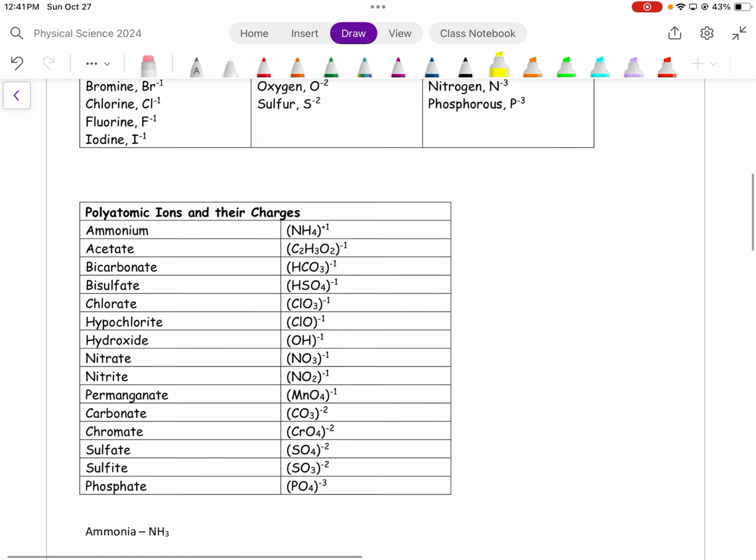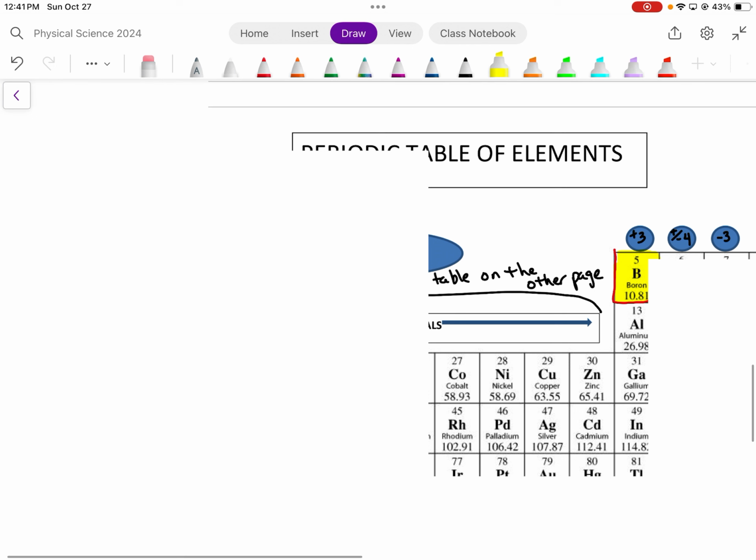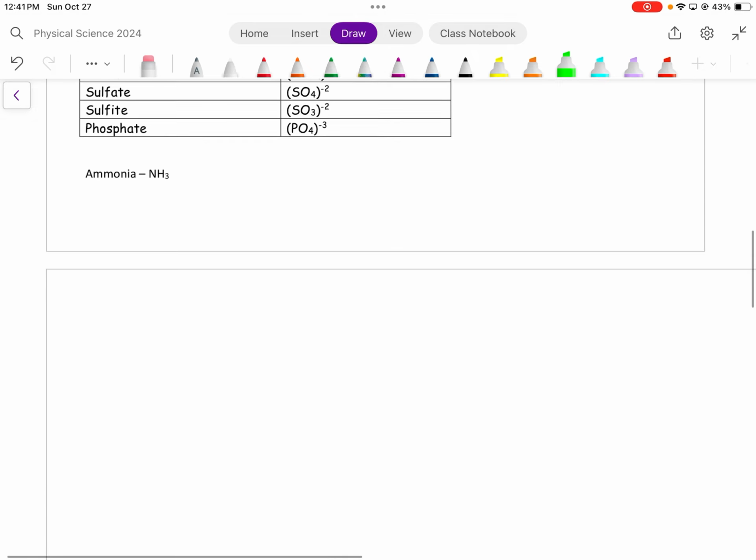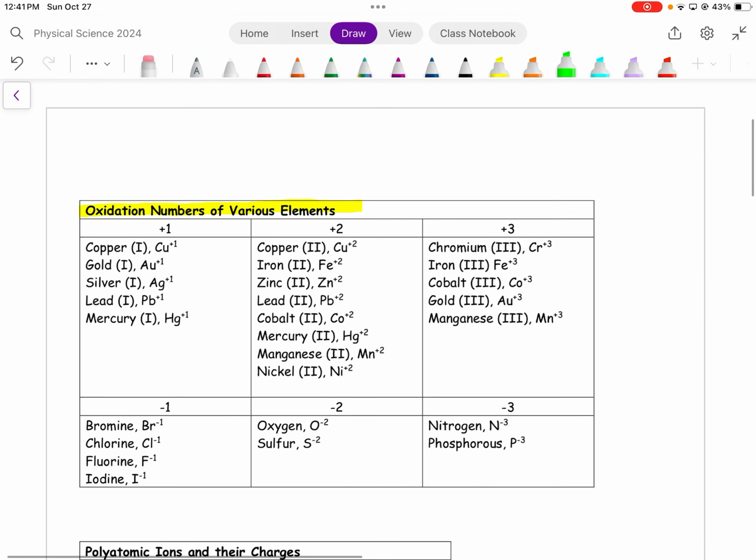Something, for example, if I go back down, if I want the oxidation number for something like chromium. Chromium's a transition metal. I'm going to go up here, and chromium, I find chromium sitting right here. Chromium has an oxidation number of +3.